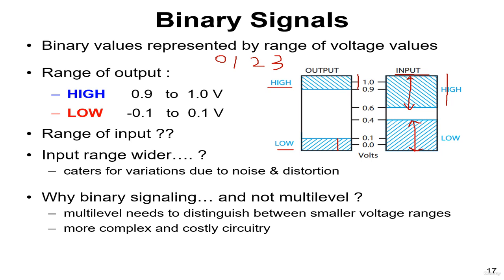Moreover, due to smaller voltage ranges for the multiple signal levels, the system is also more vulnerable to noise. It won't be able to perform as efficiently as a binary system. The system would be making more errors because the windows are now smaller.